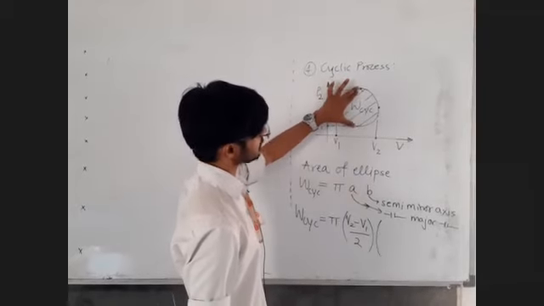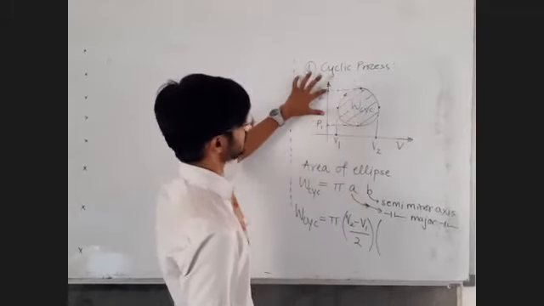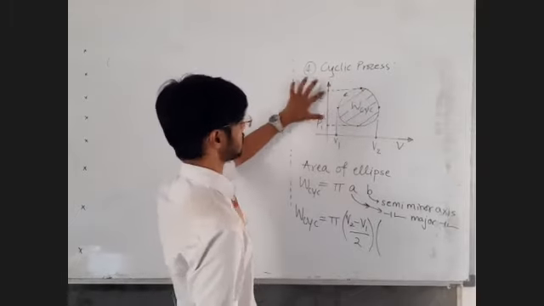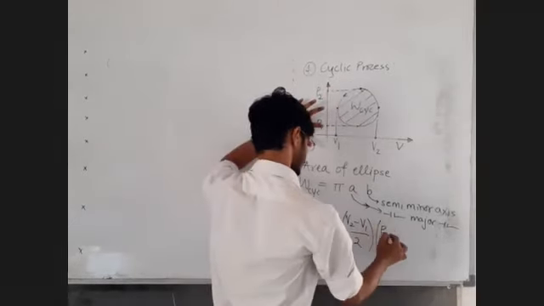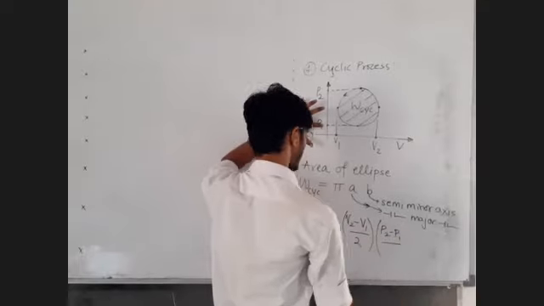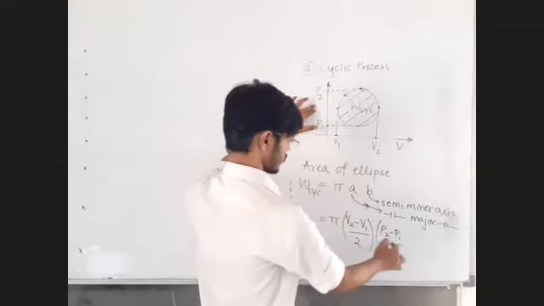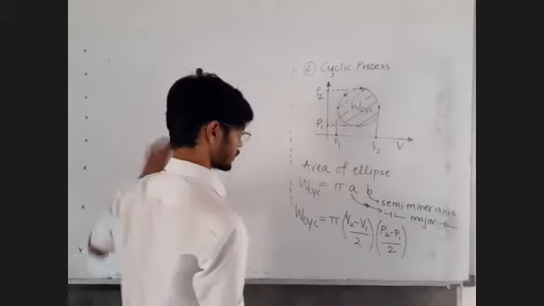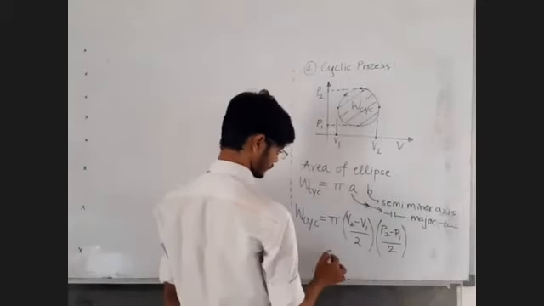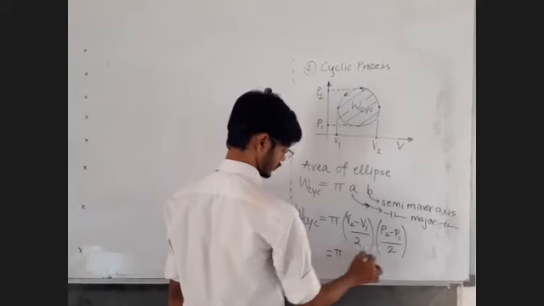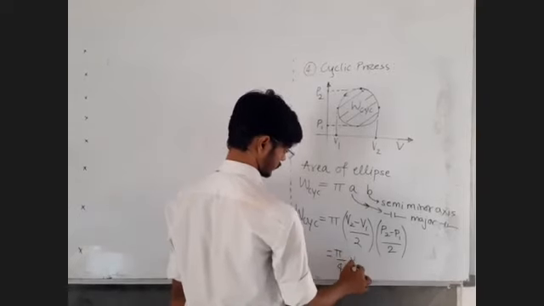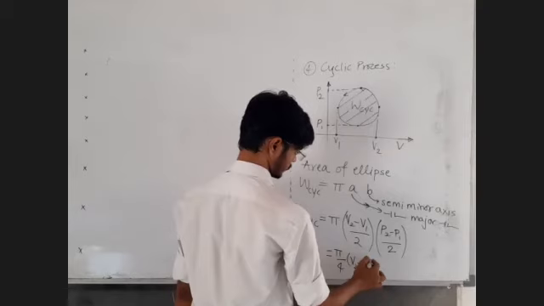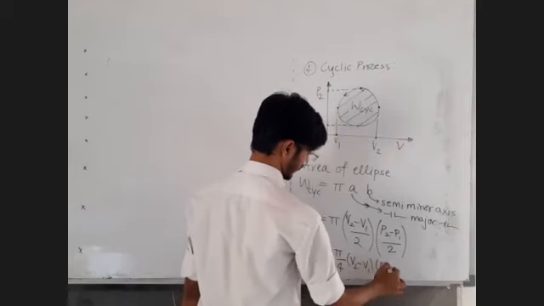What is minor axis? P2 minus P1, upon 2, because semi means half. Okay. So that shall be the formula, right? Pi by 4, V2 minus V1 and P2 minus P1.